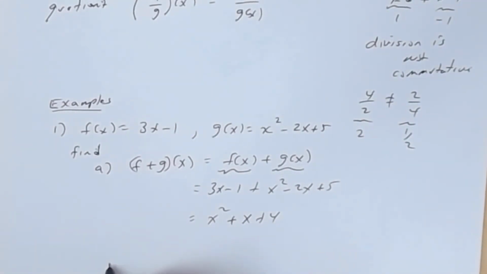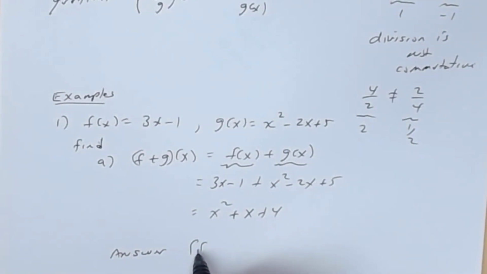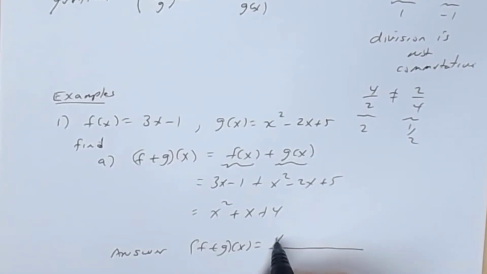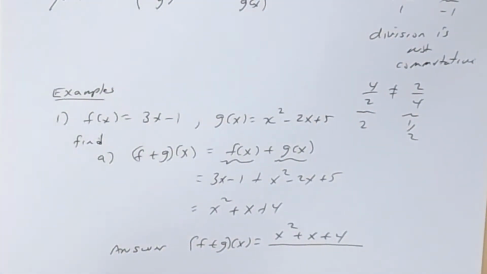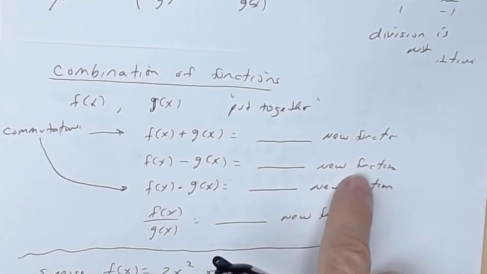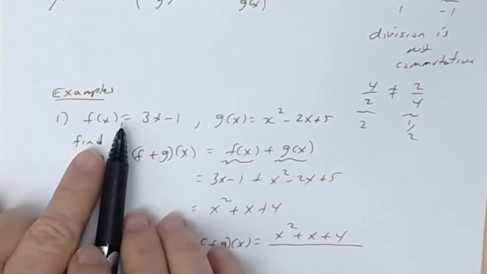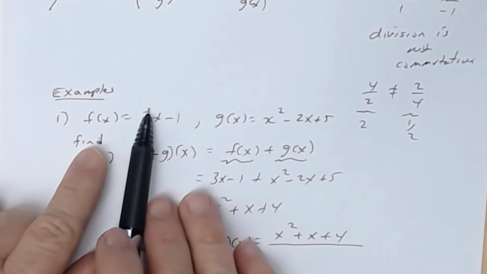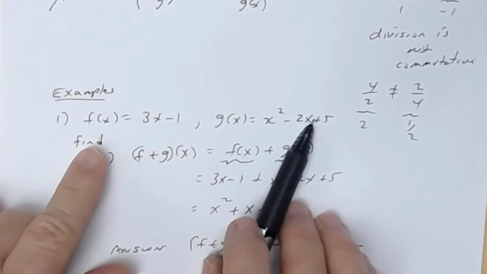So therefore, here's how you're going to write your answer. f plus g at x equals x squared plus x plus 4. Now let's go back and talk about what we meant by put together and new function. Individually, f of x was this linear function, and g of x was this quadratic function.